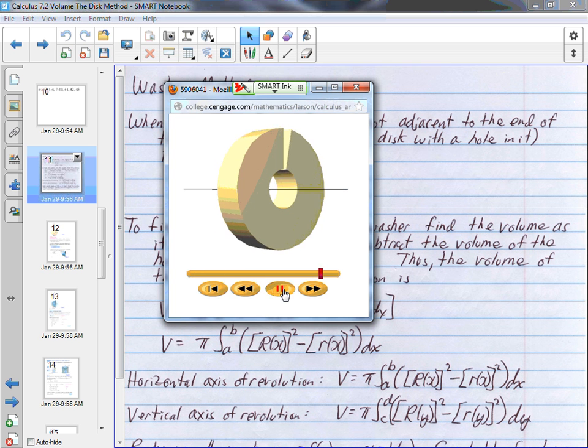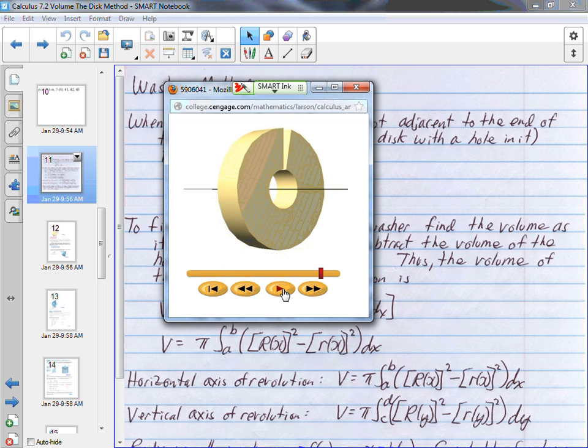So now think about it. Instead of just having one radius, we have two. Because we could take the volume as if the hole was filled in the middle, then we have to subtract out the volume of the hole. So we'll have an outer radius that goes from the axis of revolution to the far edge of the rectangle, and we'll have an inner radius that goes from the axis of revolution to the near edge of the rectangle.